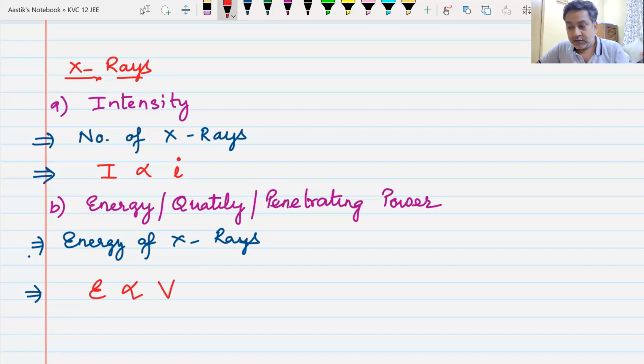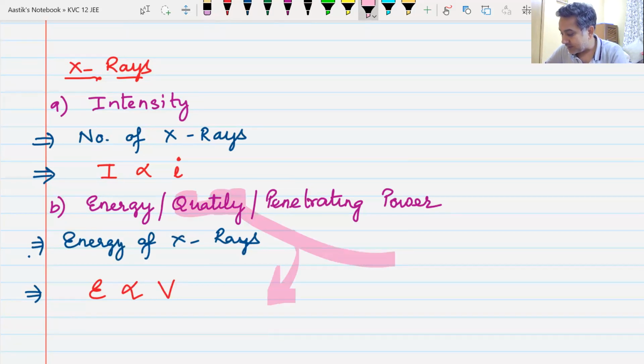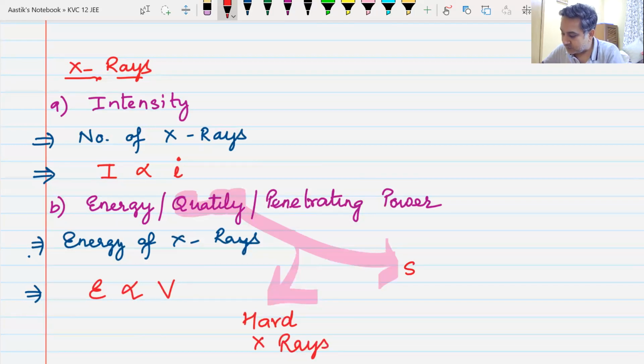Anyways. So based on this quality of X-rays, X-rays can be divided into two categories. The first category is known as hard X-rays, and the other one is known as soft X-rays.